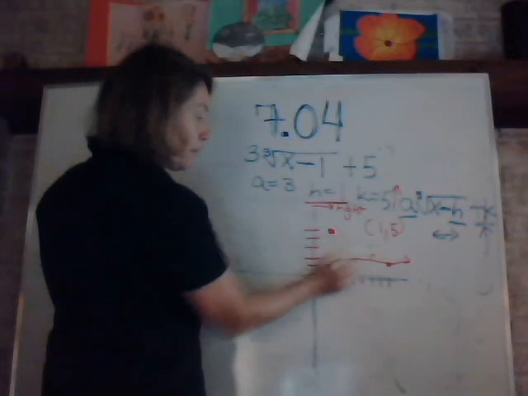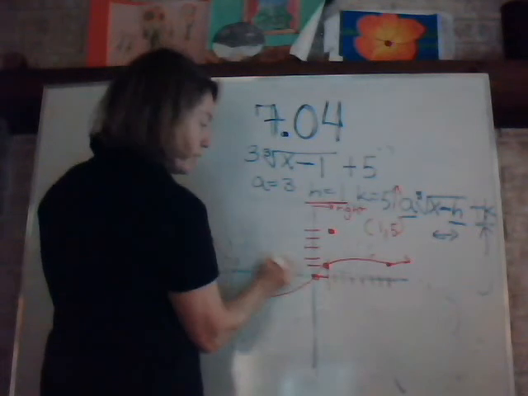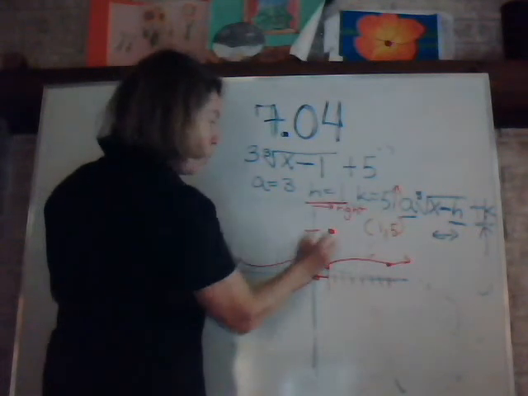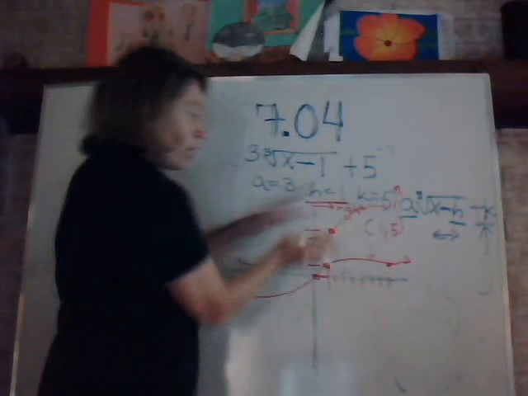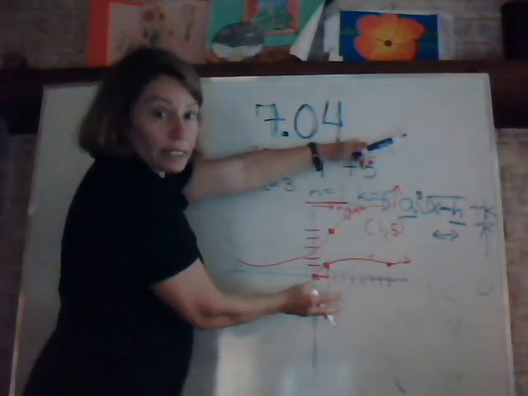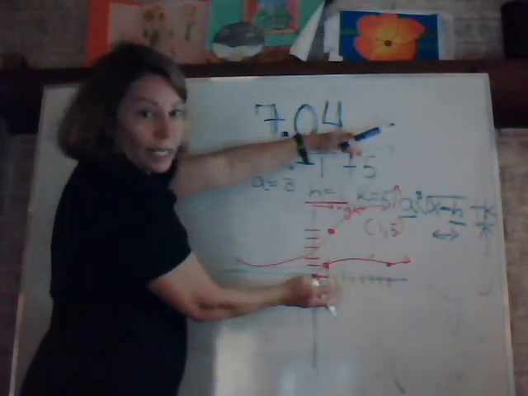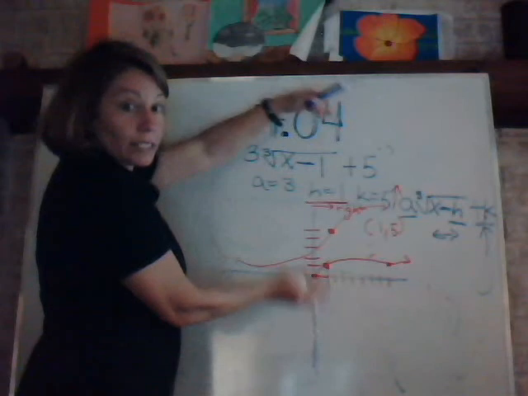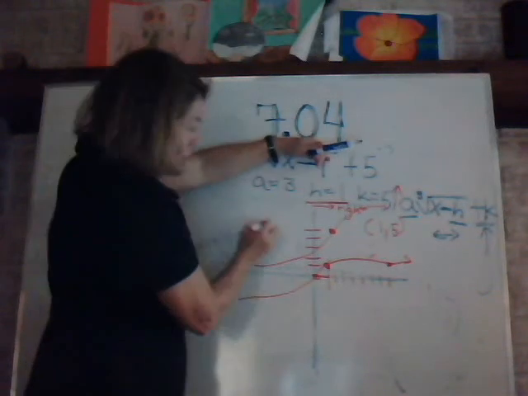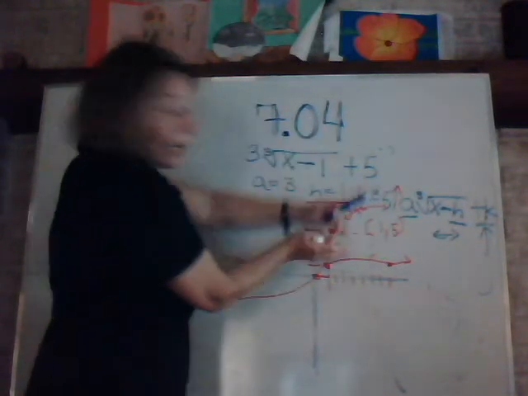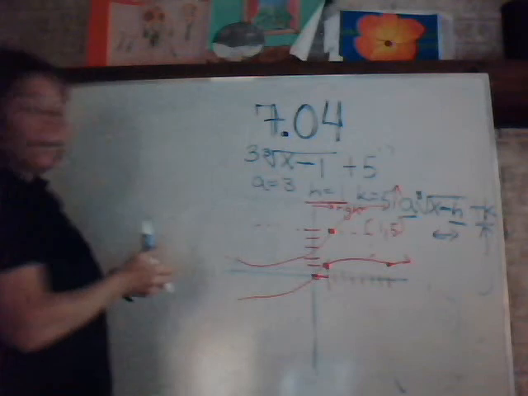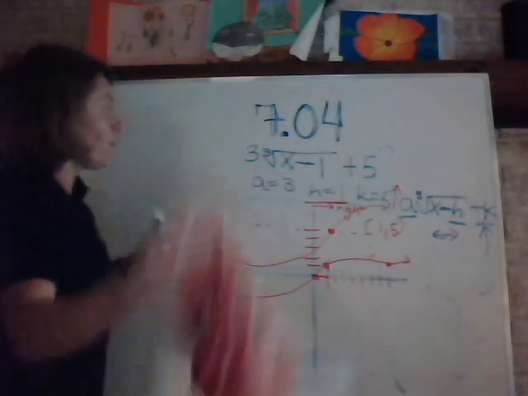It's going to multiply that by 3, so it's going to stretch it wider and taller away from what would have been the axis. I'm kind of running into my words, but you get the idea. It's going to be a little bit stretched out away from this point right here. Okay, that's what A, H, and K do to the cubic function.